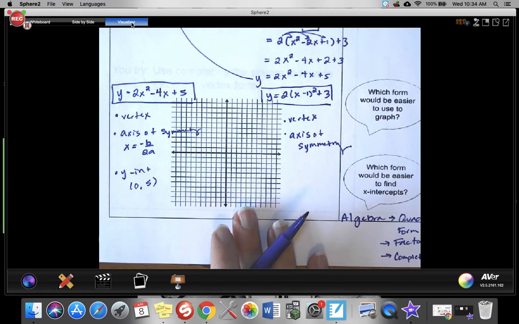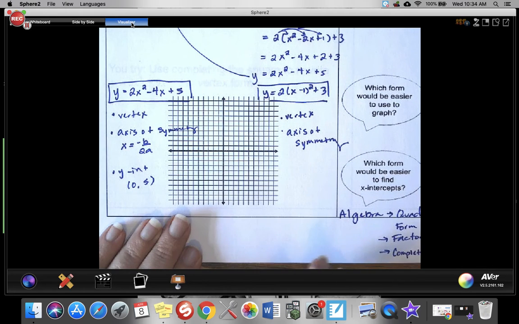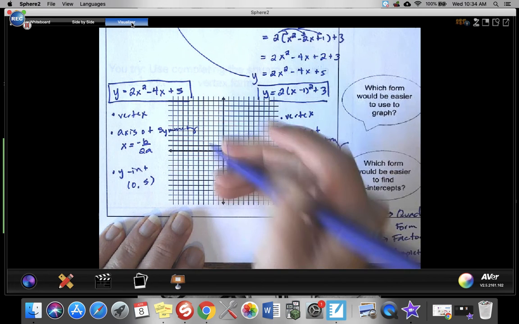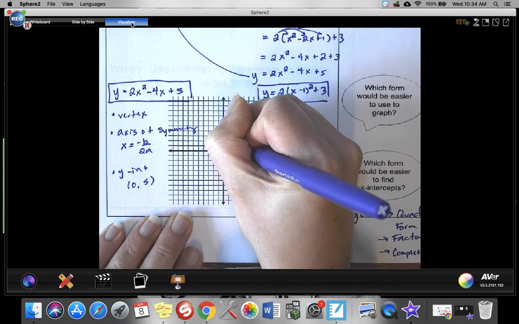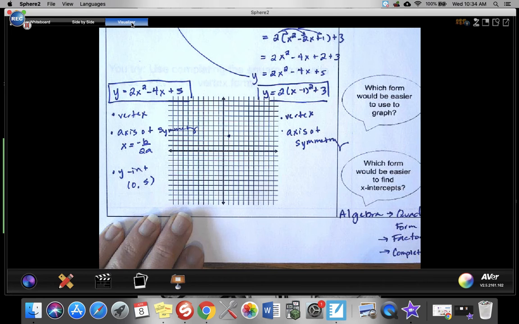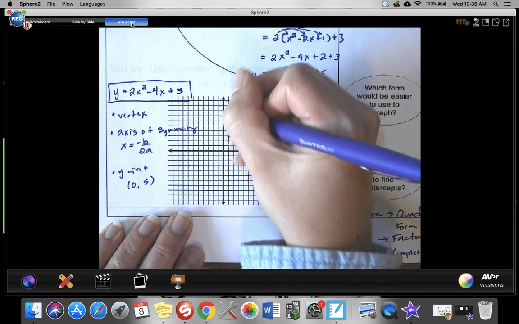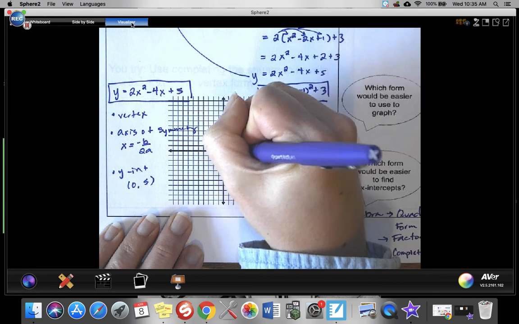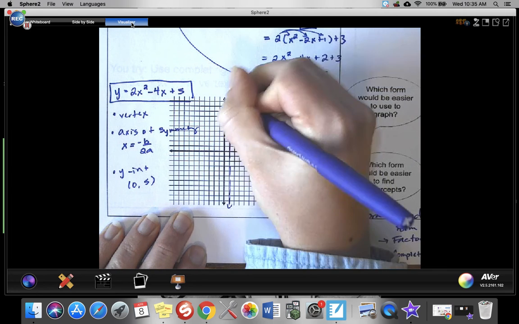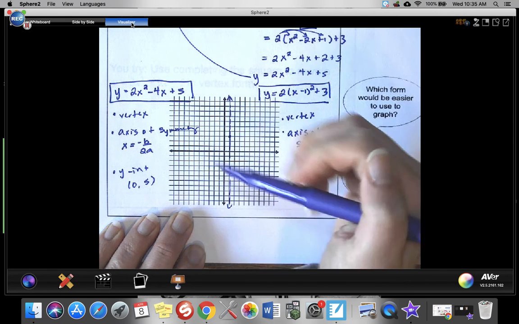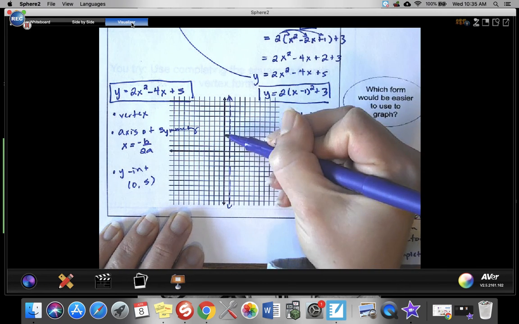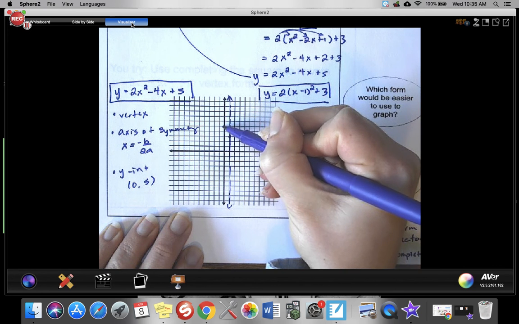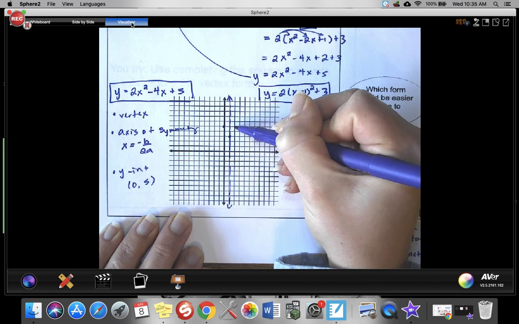So for the graph, if you want to lay out the steps, the vertex would end up being at (1, 3). The axis of symmetry would then be at x equals 1, so there'd be that line of symmetry. And then we already have the y-intercept from this form. So 1, 2, 3, 4, 5. And then I can use that as a reflection point.